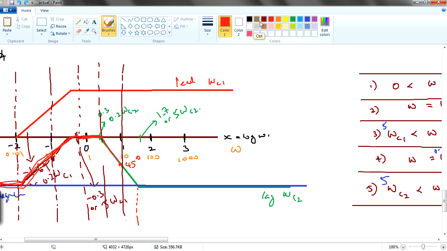I should use a different color. Which is this point. I mean, it should be this line, this line. The summation of them, from this point to the rest of the range, how will it go?